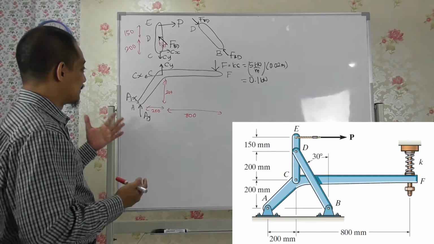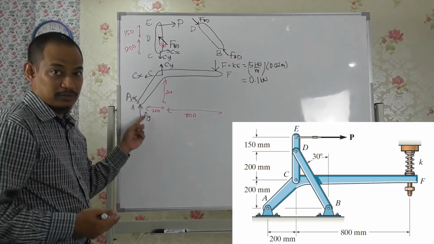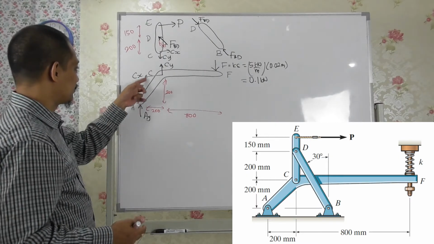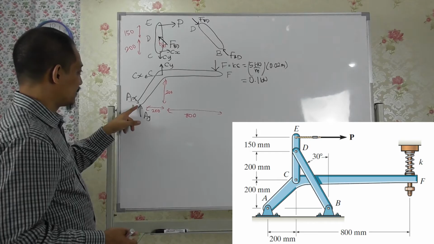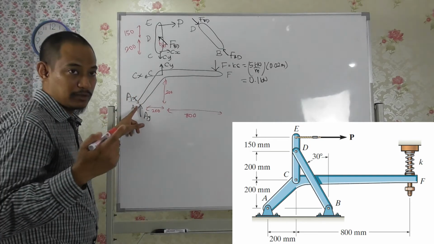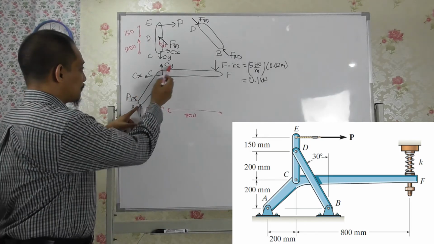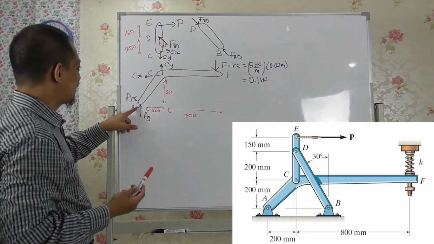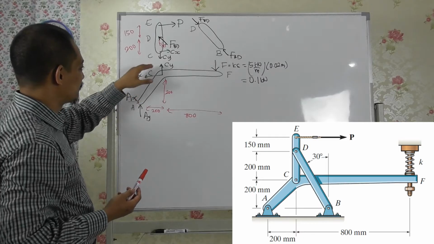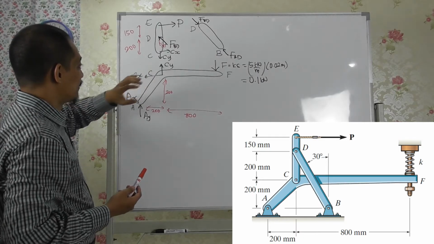For example, in this case you do not need this one, right? So I'm not interested to calculate this one. I need to calculate this, right? But if you calculate moment of this point about A, you will have in your expression x and y, right? So is there any way to get only one and then the other?